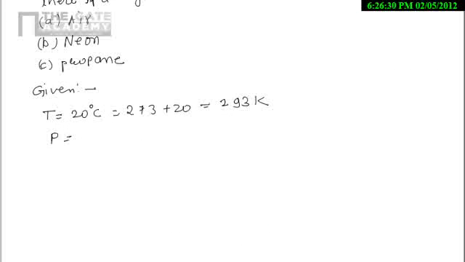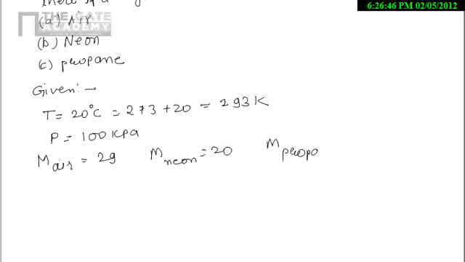Pressure we are having 100 kilopascal. Now molecular mass of air we know is 29. Molecular mass of neon is 20 and molecular mass of propane is 44.